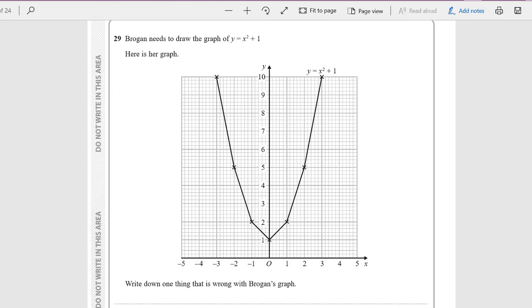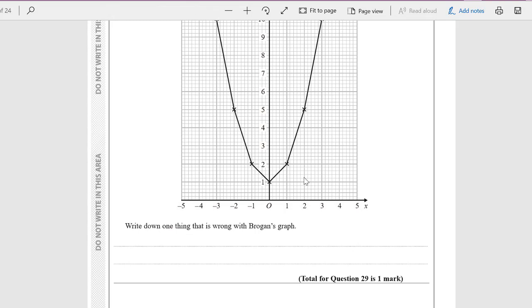Question 29. So it says Brogan needs to draw the graph of y equals x squared plus 1. So it says write down one thing that is wrong with Brogan's graph. Well, instinctively, the first thing you notice is that the graph is not very smooth. It doesn't have any curves. It's actually joined up, line to dot.